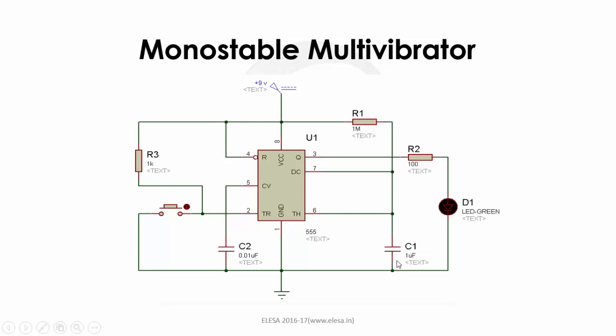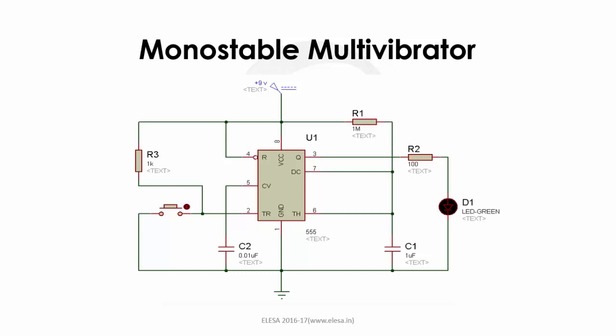So you have seen in which way a monostable multivibrator is different from an astable multivibrator. An astable multivibrator is free running. That means it automatically changes state from high to low and low to high. But a monostable multivibrator, if it is not triggered, remains in its stable state.